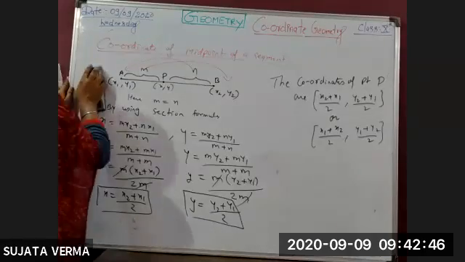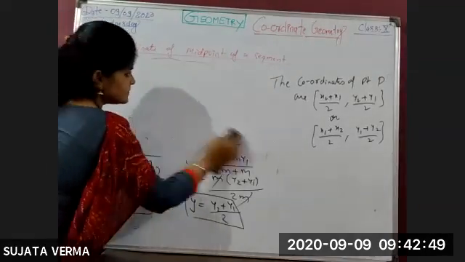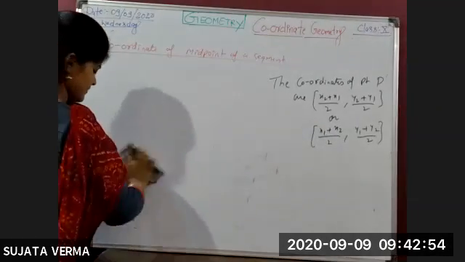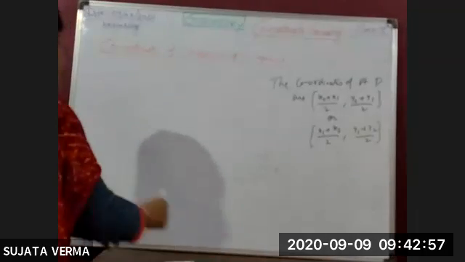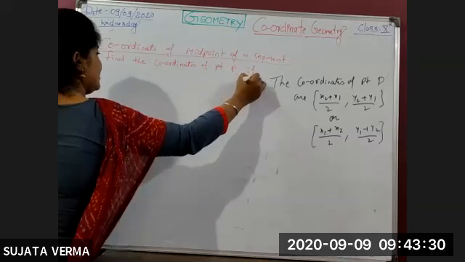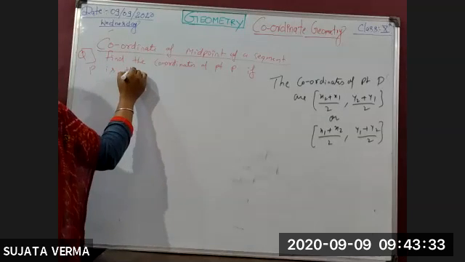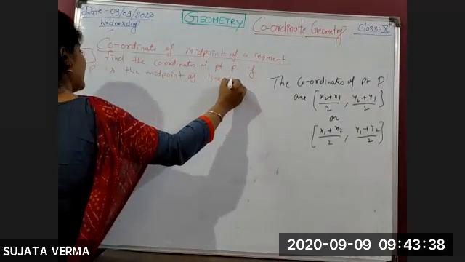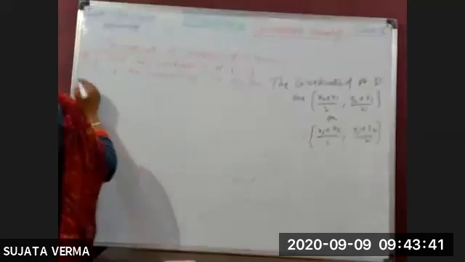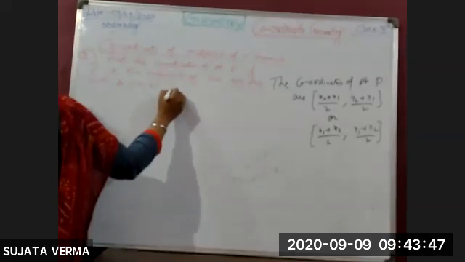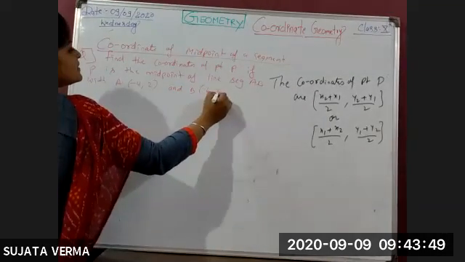Okay, now we take one example. Question: find the coordinates of point P if P is the midpoint of line segment AB with A given as -4, 2 and B given as 6, 2.